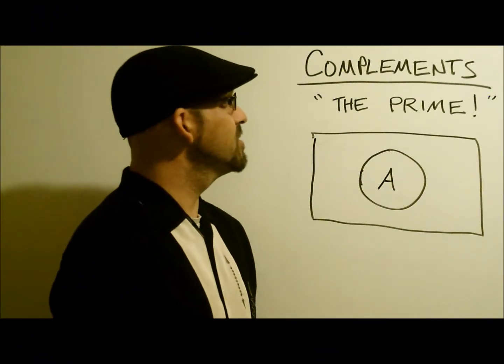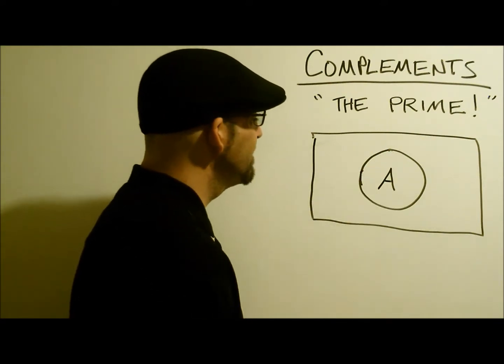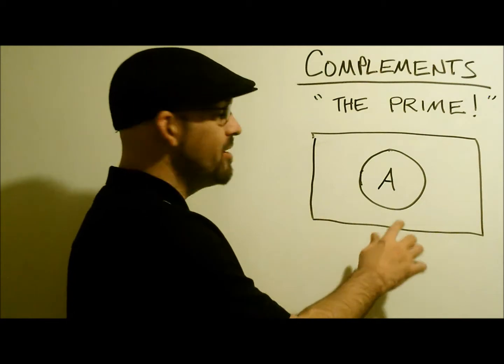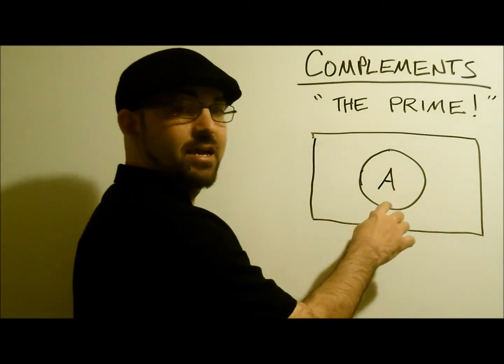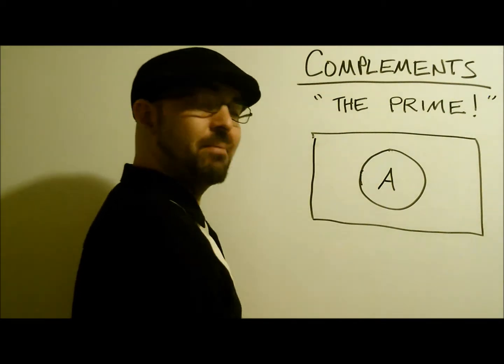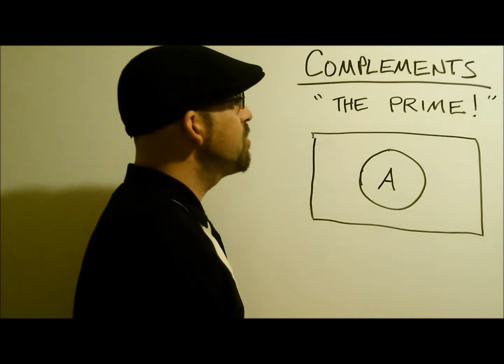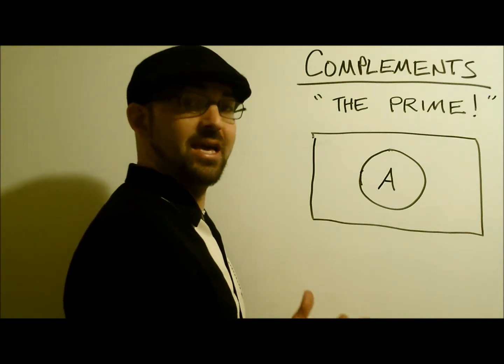The complements. The prime. What does that mean? Well, let's say we have a Venn diagram here, and this is the set A, and everything inside of it is A. But then I'm going to ask for A prime. What is A prime? The prime is whatever A is not.